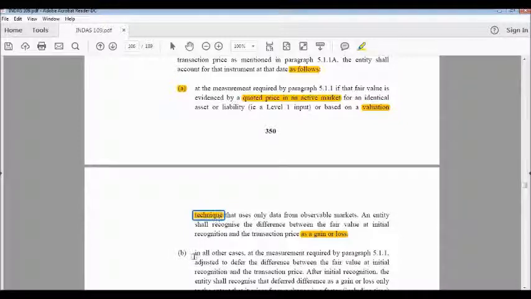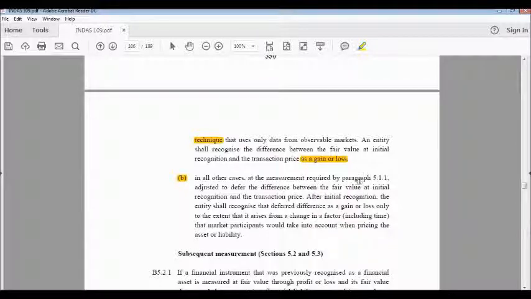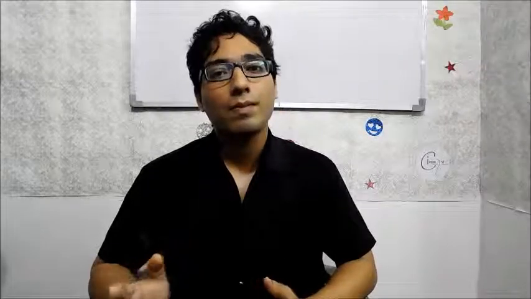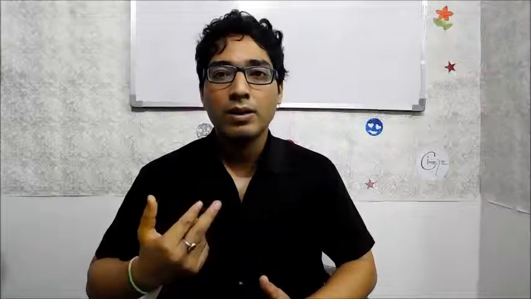And the second situation: in all other cases, the measurement required by paragraph 5.1.1 shall be adjusted to defer the difference between the fair value at initial recognition and the transaction price. So now you can see when there is a difference between the fair value at initial measurement and the transaction price, there are two types of situations.